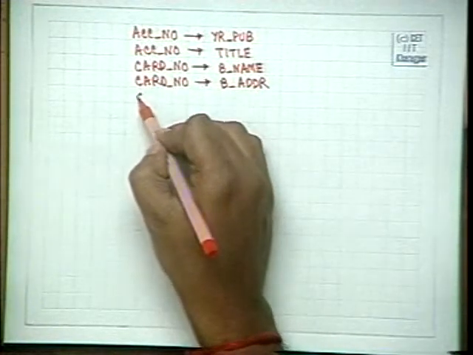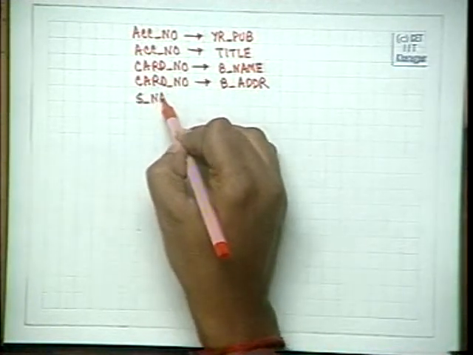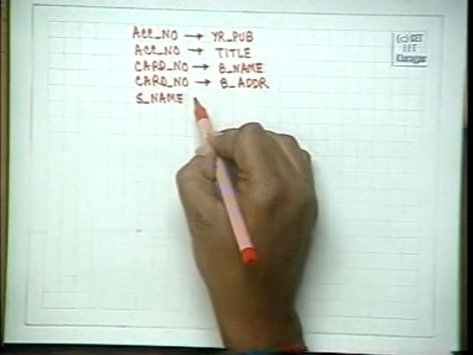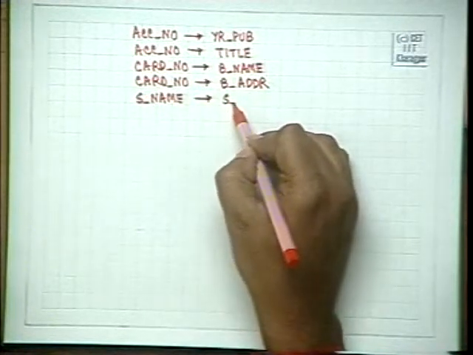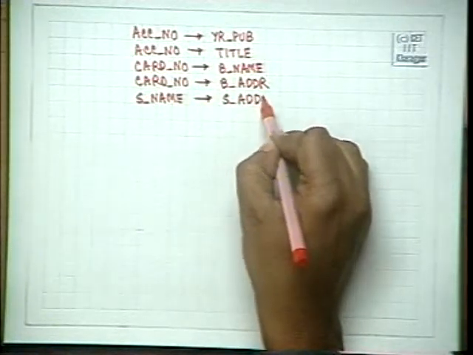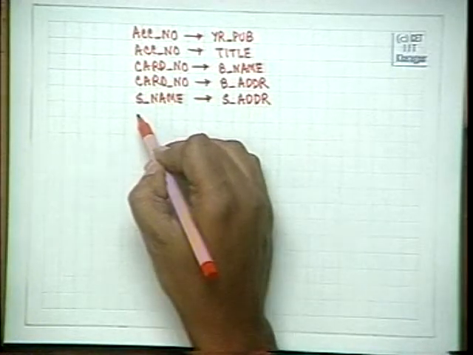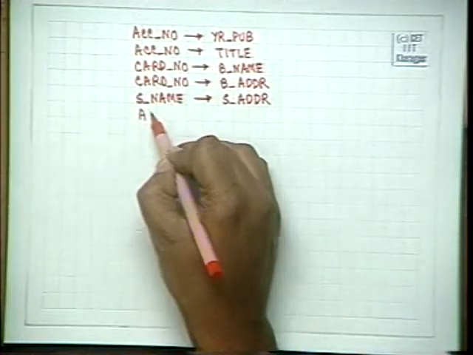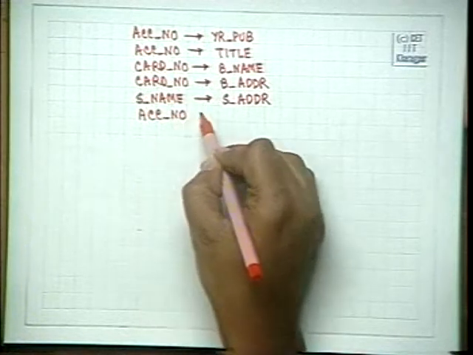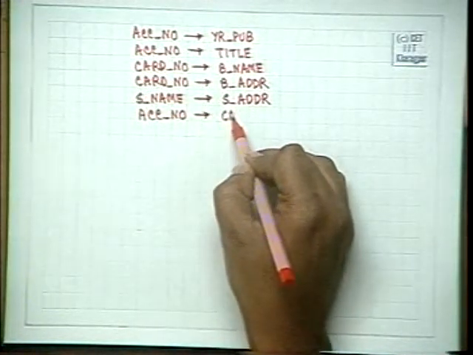From the supplier relationship, we get supplier name to supplier address. From the borrow relationship, we get accession number to card number.